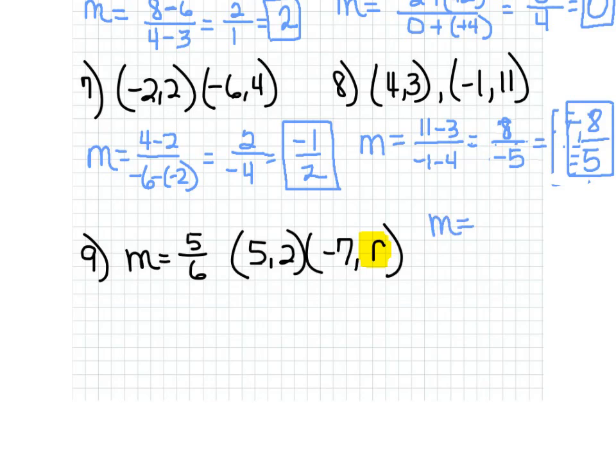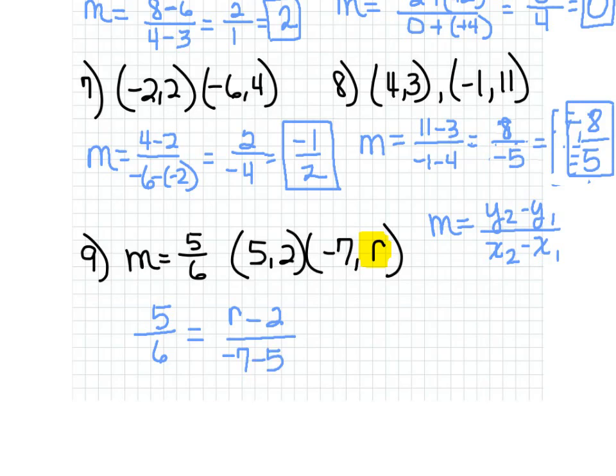So here's the slope formula. M equals y2 minus y1 over x2 minus x1, right? So let's plug into it. M is 5 over 6 equals y2 is r minus y1, which is 2, over x2, which is negative 7, minus x1, which is 5.